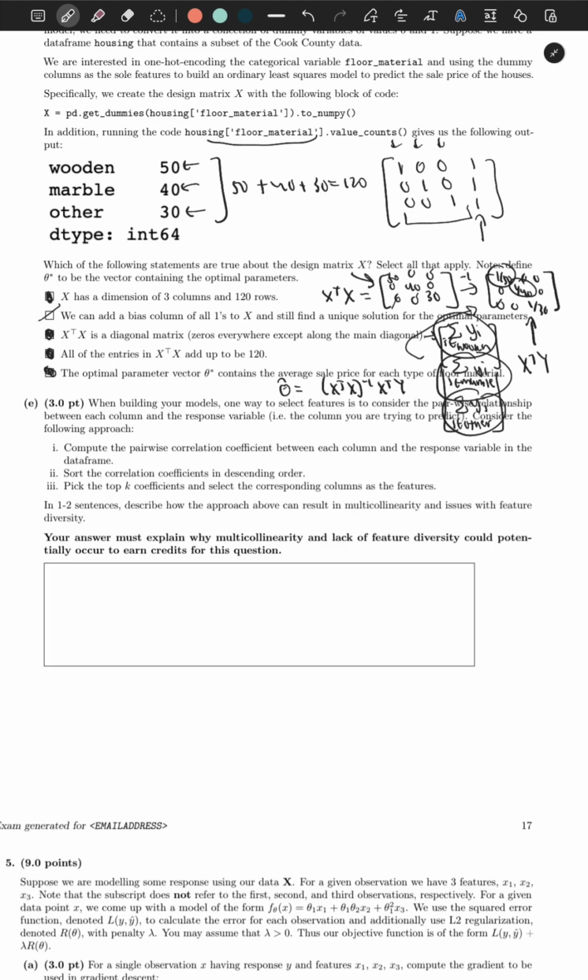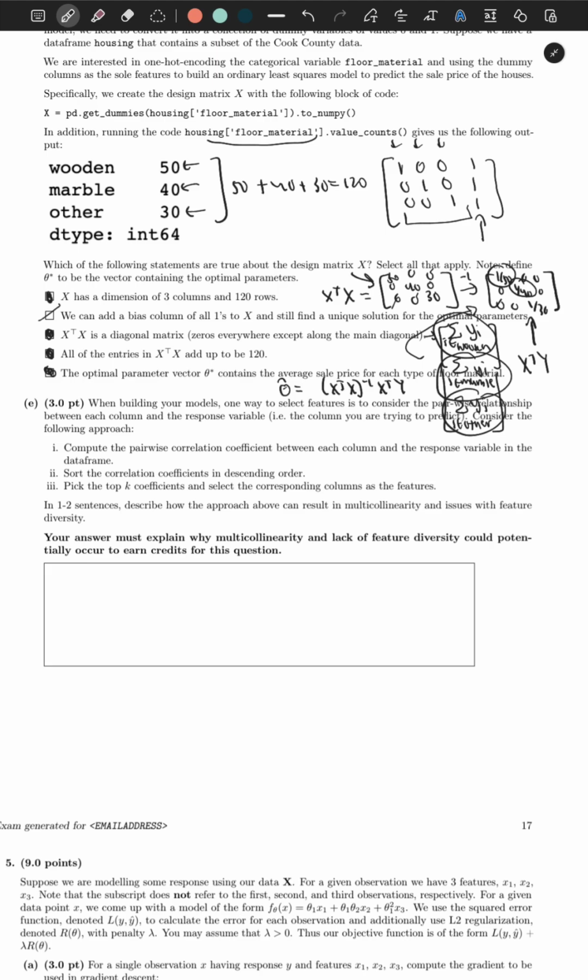And this can lead to a lot of problems. For example, a very high variance in our model, because multicollinearity can cause the variance in our model to increase, and this can impact how well our model performs on unseen data such as test data.